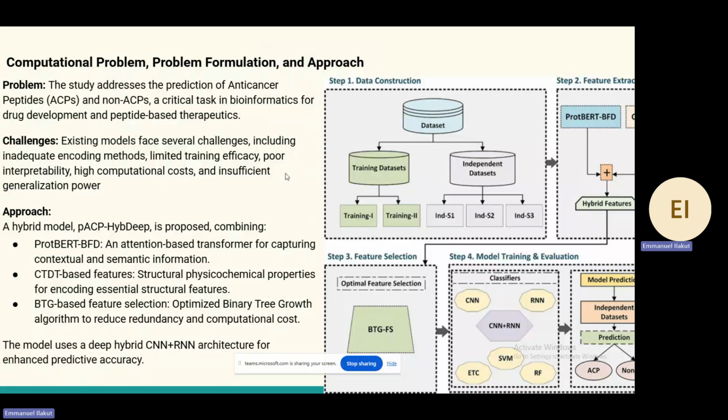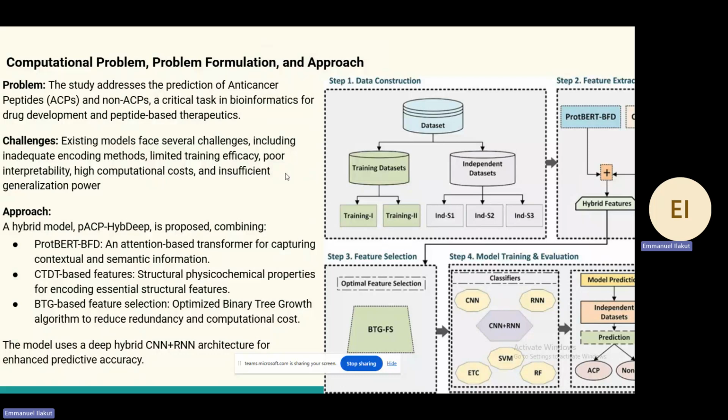This is basically the process of converting the different sequences into numeric values that our models are going to be able to understand. So we have limited or inadequate encoding methods that have been applied. We also have limited training efficiency. These models have not been exhaustively trained, or tested.